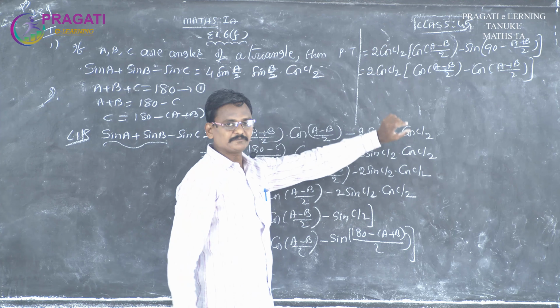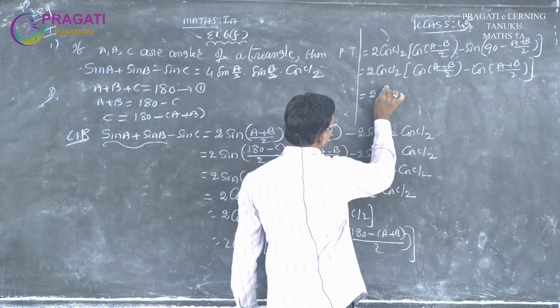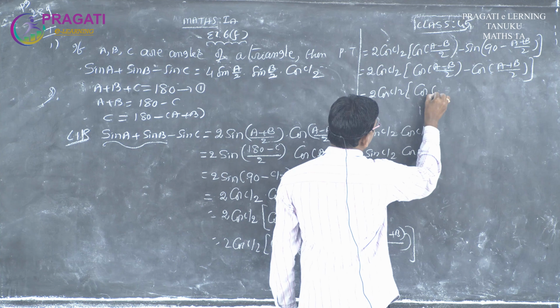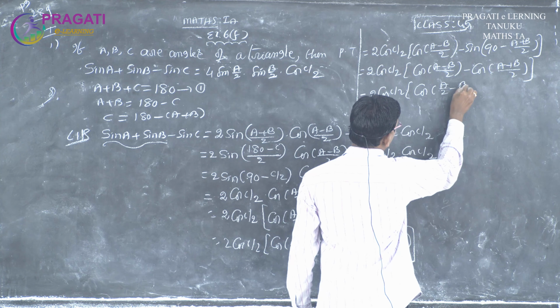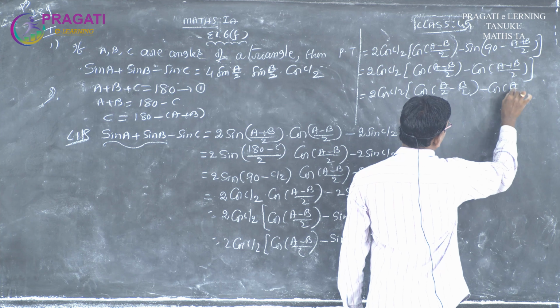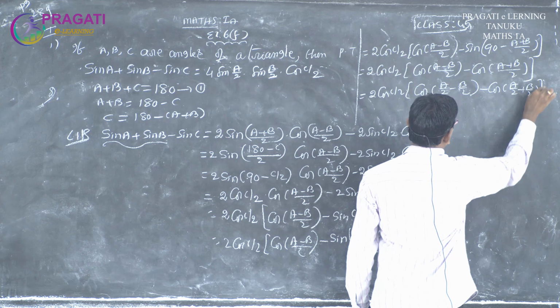Now in this step we can write 2 cos C/2 into cos(A/2 − B/2) minus cos(A/2 + B/2).